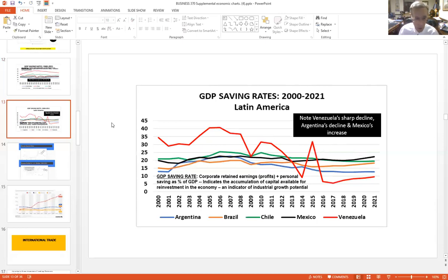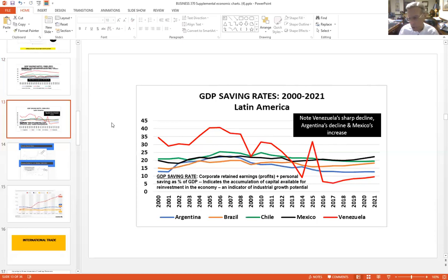for industrial investment. So no surprise that the GDP saving rate in Venezuela has come from being very high when Venezuela was producing surpluses of petroleum and other corporations were investing in Venezuela.